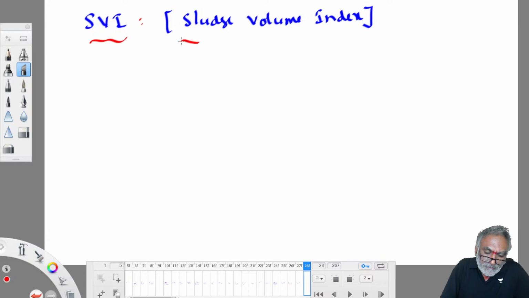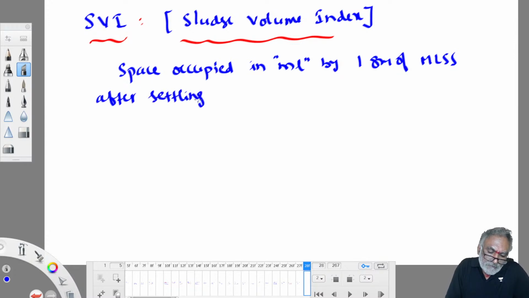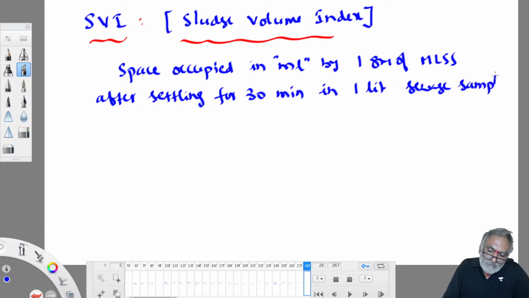It is the space occupied in ml by one gram of MLSS after settling for 30 minutes in a 1 liter sewage sample. This is known as the sludge volume index.